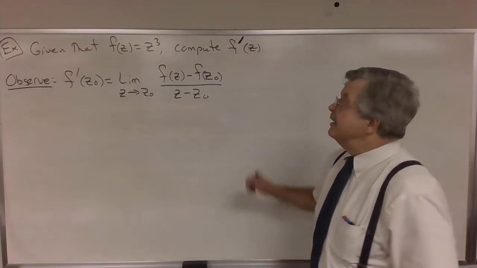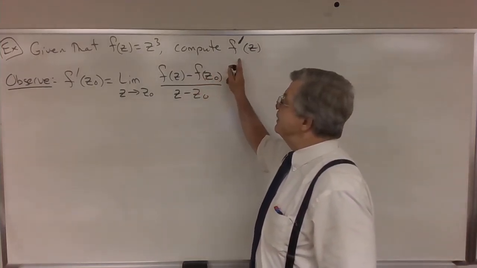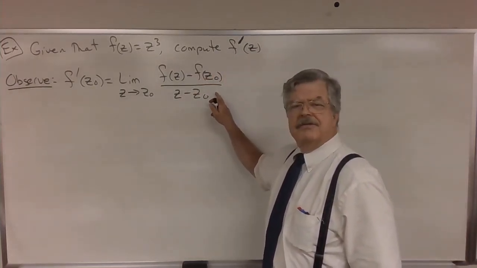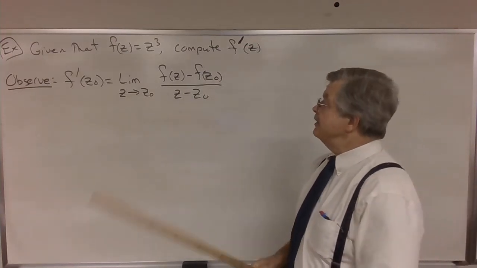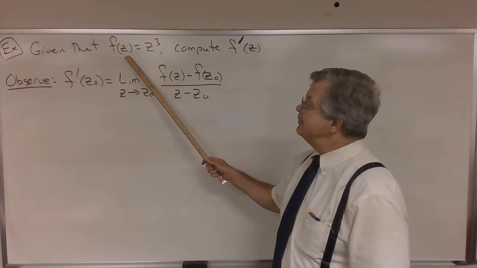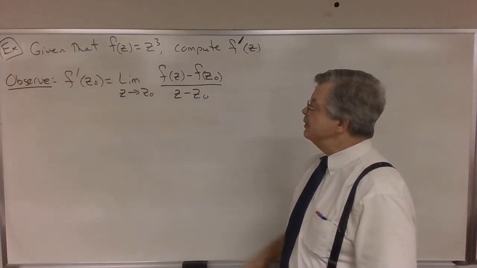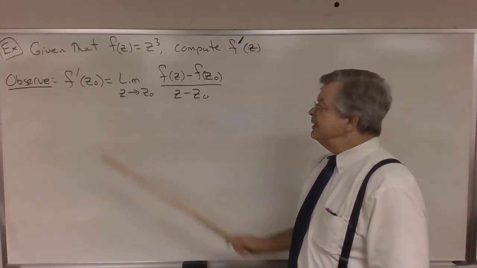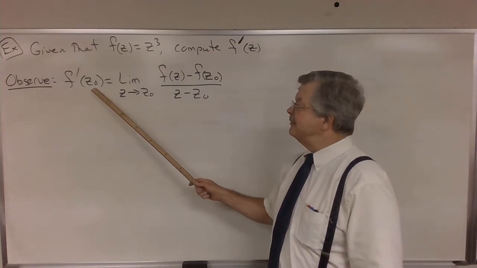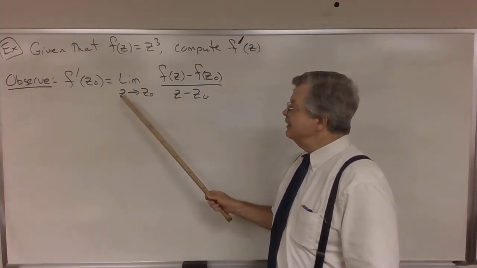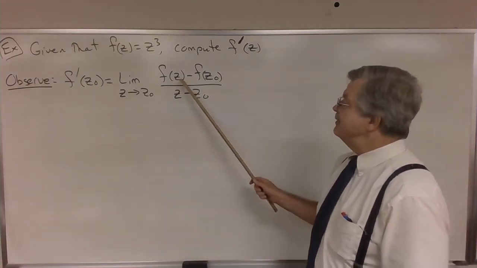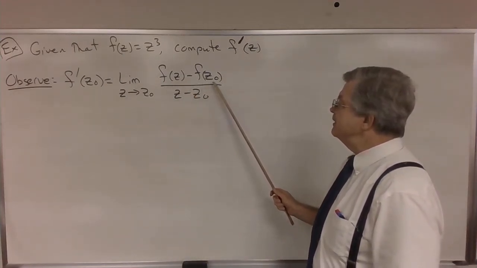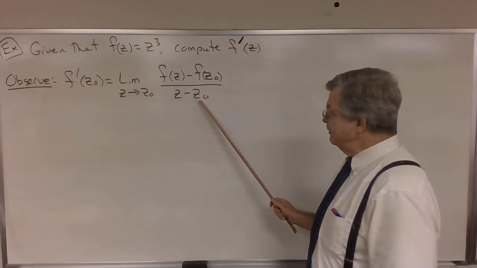Okay, let's compute the derivative of a function using this definition of derivative. And the function that we have in mind is f of z equals z cubed. So we'll use the definition f prime of z naught equals the limit as z approaches z naught of f of z minus f of z naught over z minus z naught.